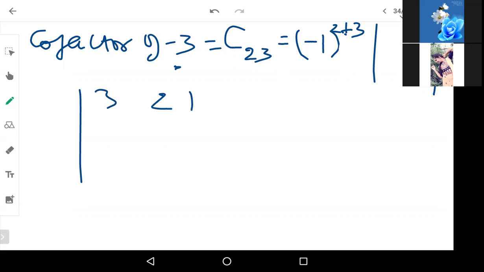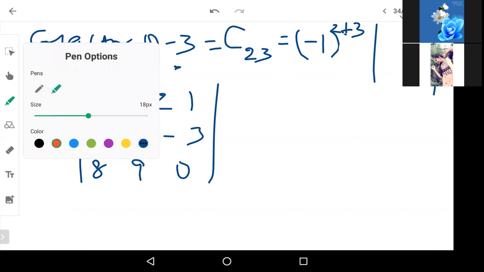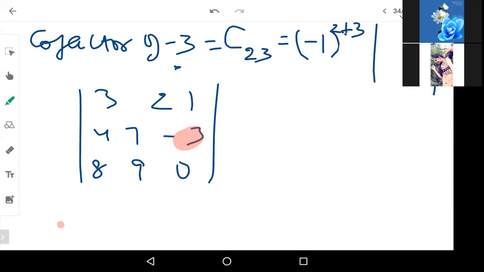3, 2, 1, 4, 7 minus 3, 8, 9, 0. Now, I am supposed to find the minor of minus 3. So we have to take out the second row and the third column. Okay, what is remaining now?